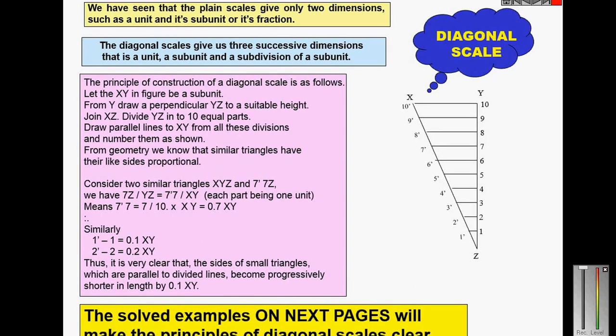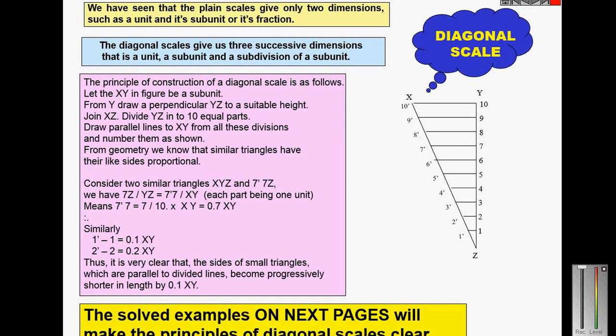Similarly 1' 1 will be 0.1 xy, 2' 2 will be 0.2 xy. Thus it is very clear that the sides of small triangles which are parallel to divided lines become progressively shorter in length by 0.1 xy.